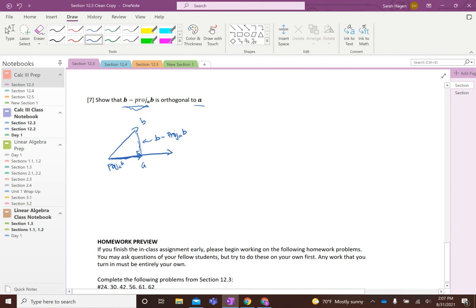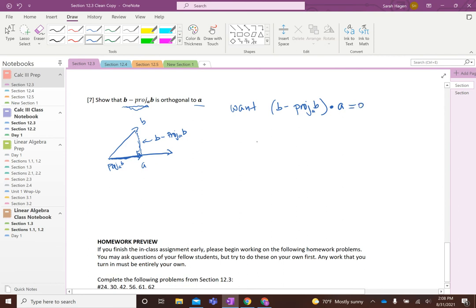But you should be comfortable with an algebraic way to prove this, and it involves the dot product. If you want to show that two vectors are orthogonal, you have to show that their dot product is 0. So you want to show that B minus the projection of B onto A, dotted with A, equals 0.